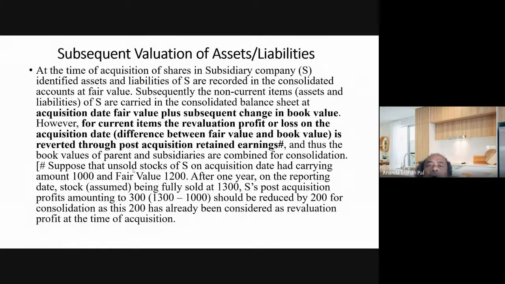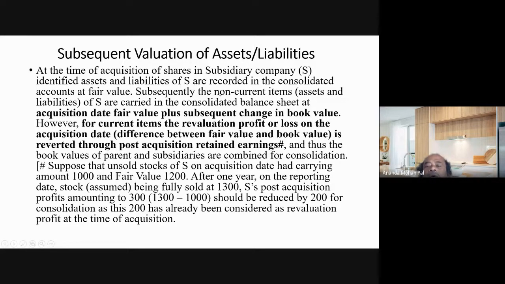At the time of acquisition of shares in subsidiary company S, identified assets and liabilities of S are recorded in the consolidated accounts at fair value.